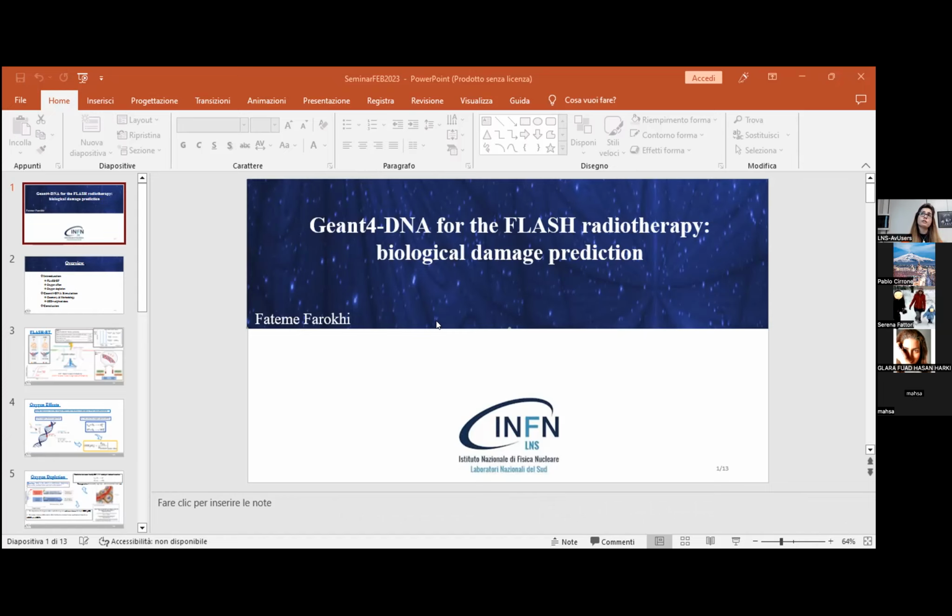Let me start with some general information about the flash effects. As we know, flash is ultra high dose radiation.